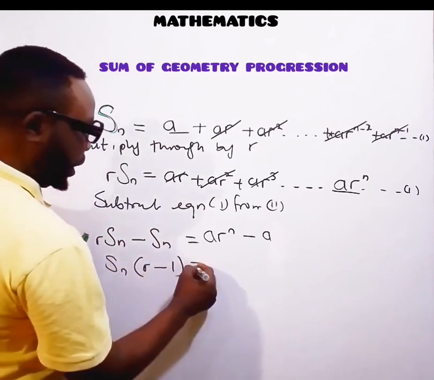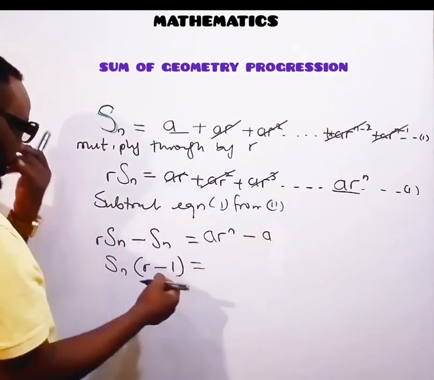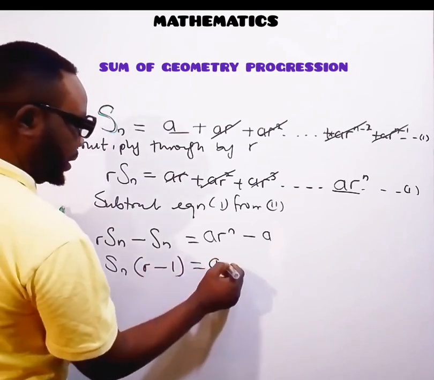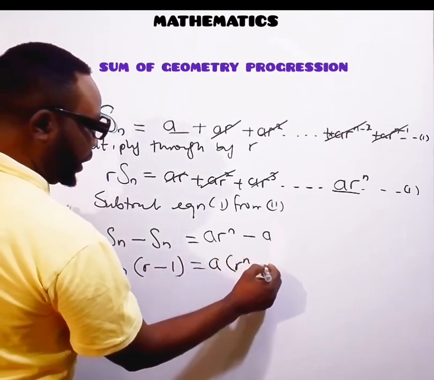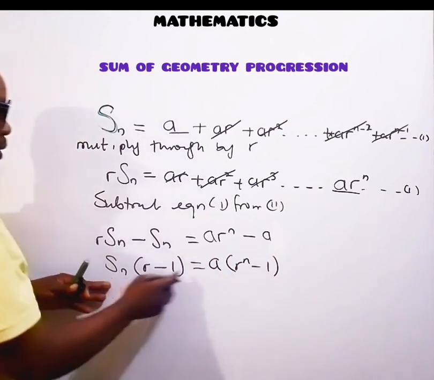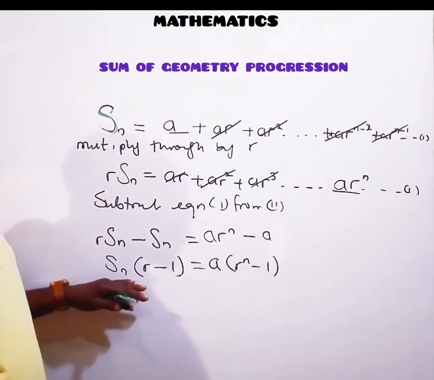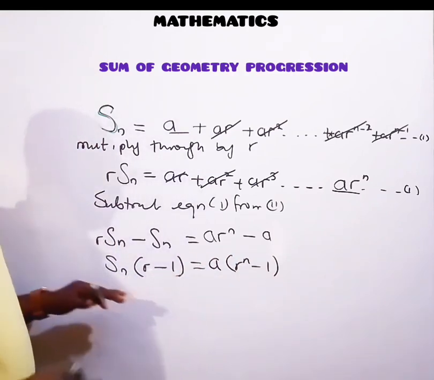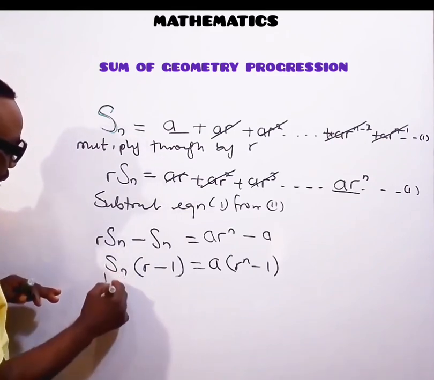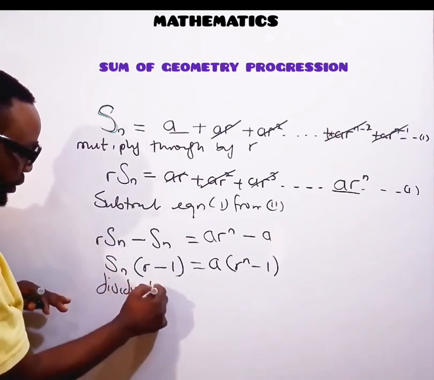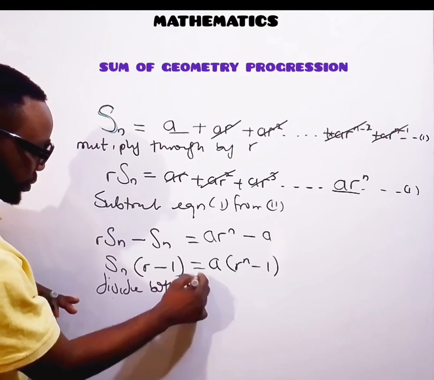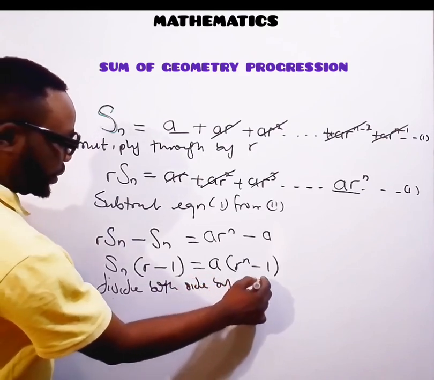Now, it will be equal to, what is the common term here? The common term is a into the bracket r raised to the power of n minus 1. We want to find the sum of n terms, right? So we divide both sides by r minus 1.